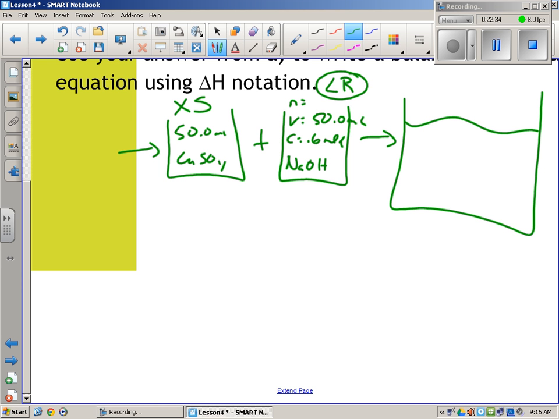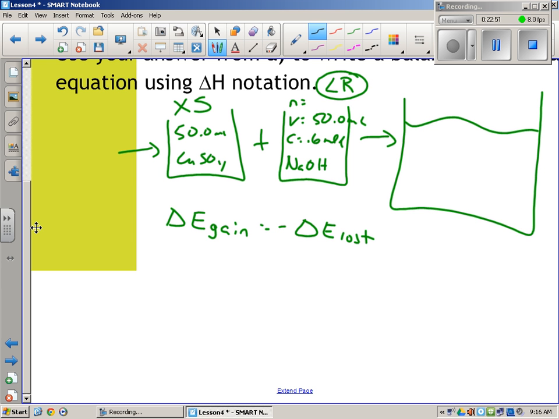Once again, E gained. Now, this is sometimes a little bit challenging for you guys to understand what's going on here. You're going to mix two solutions together.